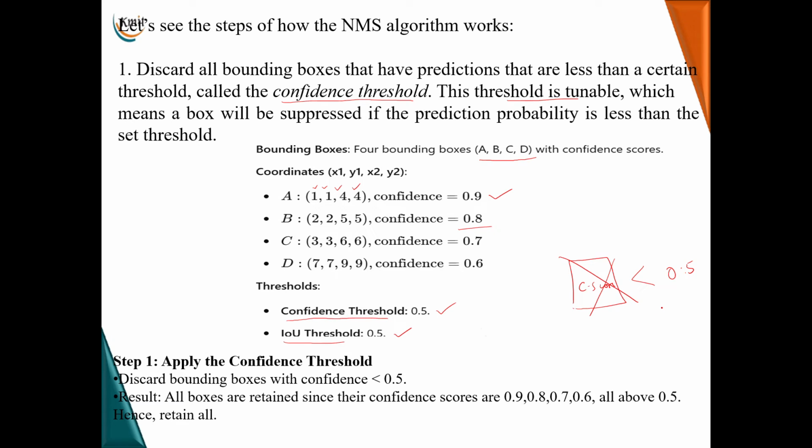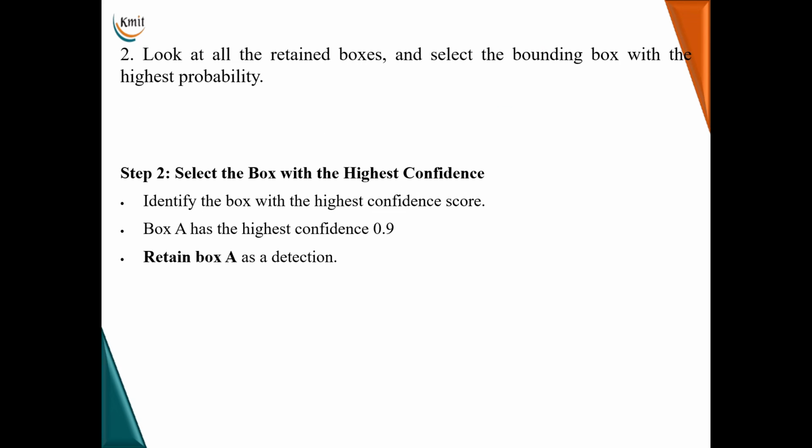If it is more than 0.5, then that bounding box will be retained. Now the first step involved is using the confidence threshold value to suppress or to retain the bounding boxes. As you can see here, all the 4 bounding boxes have confidence scores greater than 0.5. So none of the bounding boxes will be suppressed. That is, we will retain all the bounding boxes here.